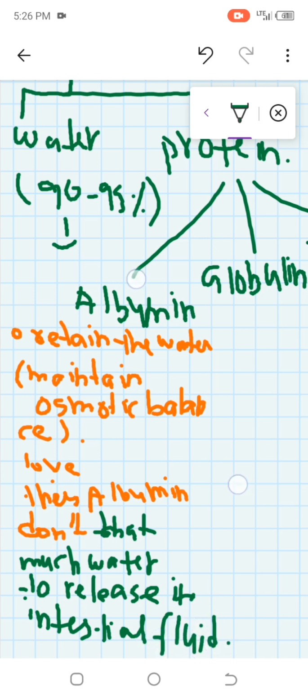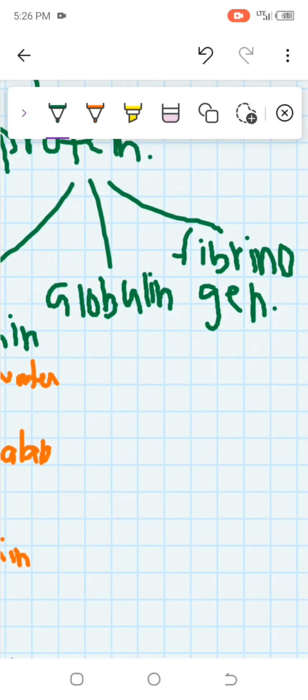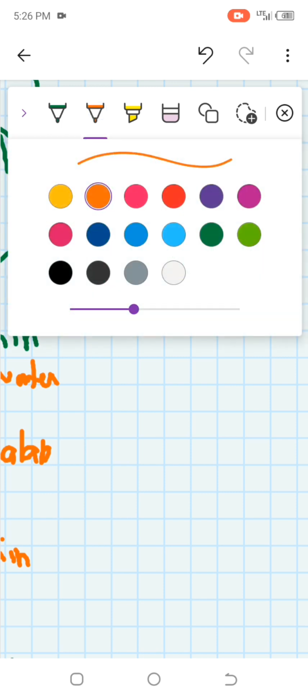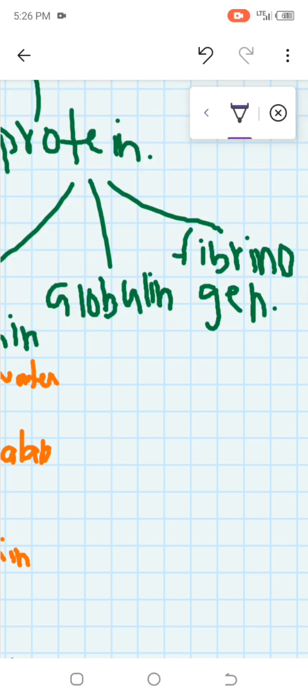Now if I talk about globulin, it is further divided into three types: alpha globulin, beta globulin, and gamma globulin.